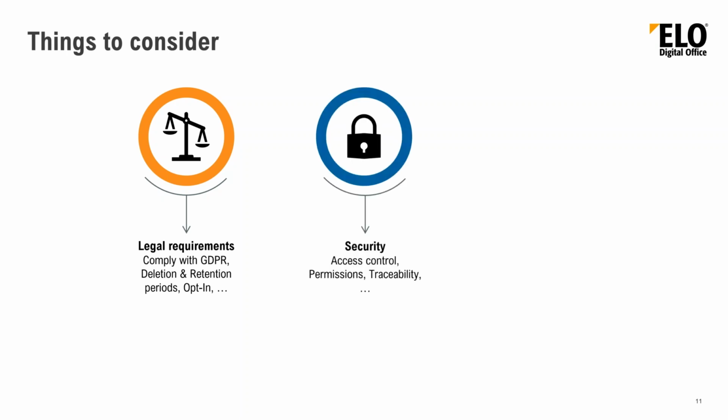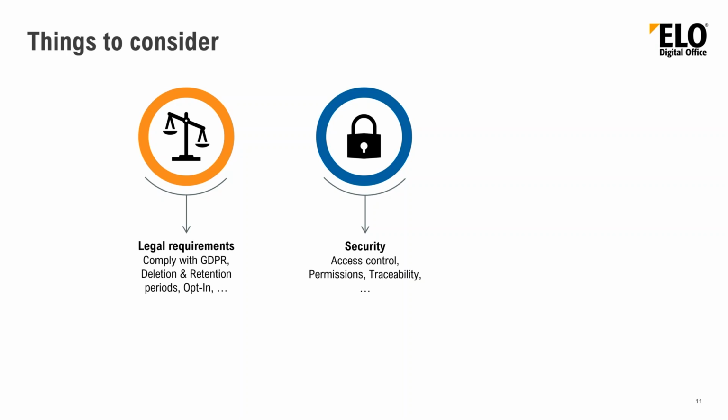Then we have some security things which you have to consider. Access control. Not everybody should have access to personal data stored in your system. So only those who are involved in the recruiting process should have access to the candidate's file. This has to be done with the permissions.